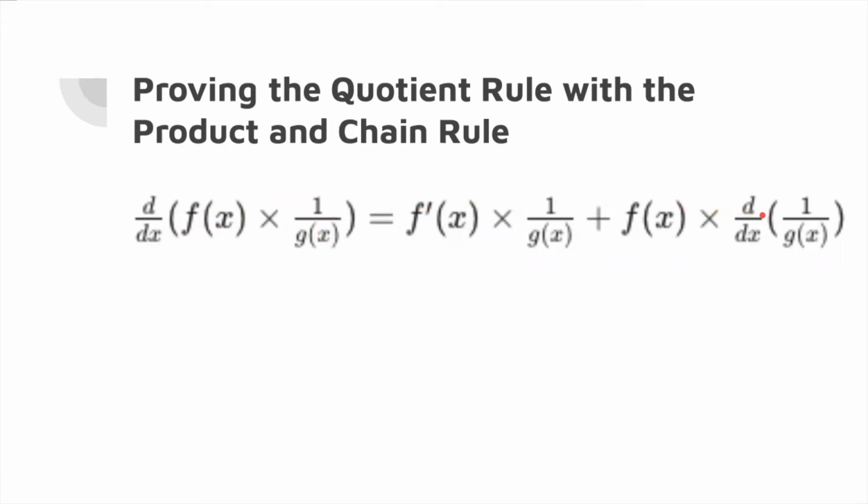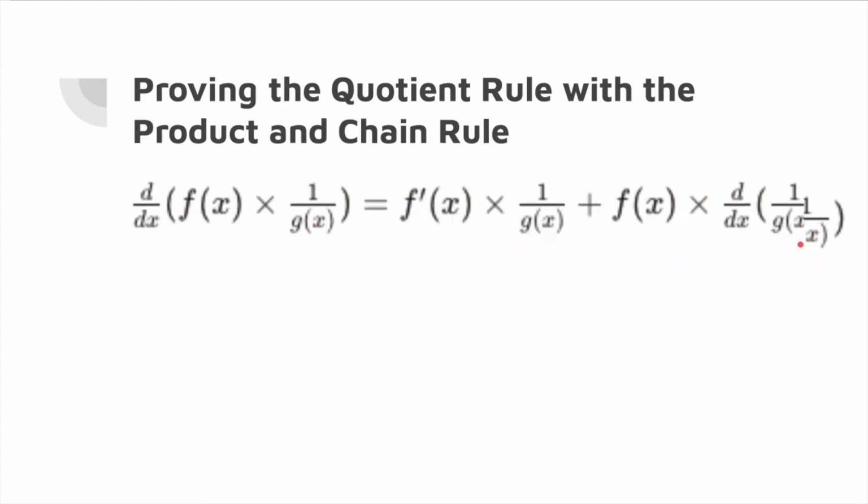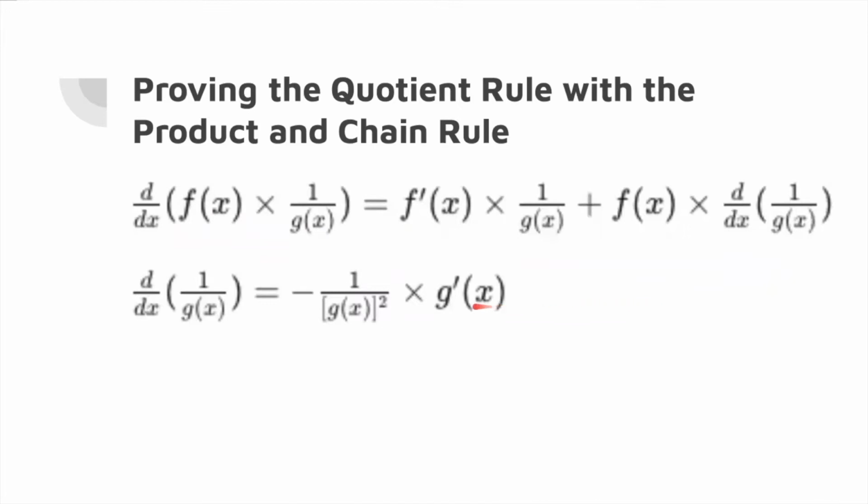All right, and to differentiate 1 over g of x, we use the chain rule. So the inside function is g of x, and the outside function is 1 over x. And first, we find the derivative of 1 over x, which is negative 1 over x squared. And then we replace the x with the inside function, g of x.